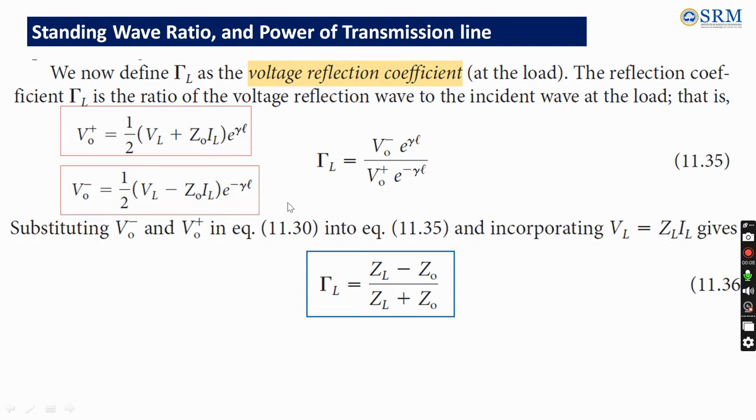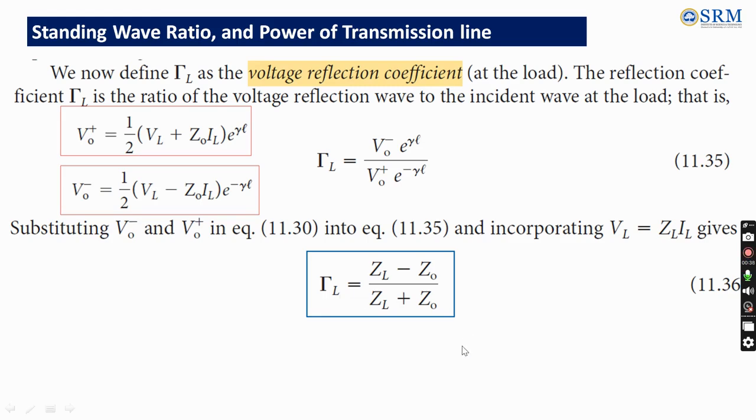So VL equal to ZL into IL here, and taking IL common outside, and if you substitute in this particular expression, V naught minus will be ZL minus Z naught into e power minus gamma L. Here it is plus gamma L. Both the terms get cancelled and we get e power 0, that is going to be 1. So total we get ZL minus Z naught divided by ZL plus Z naught, that is going to be the voltage reflection coefficient at the load side.